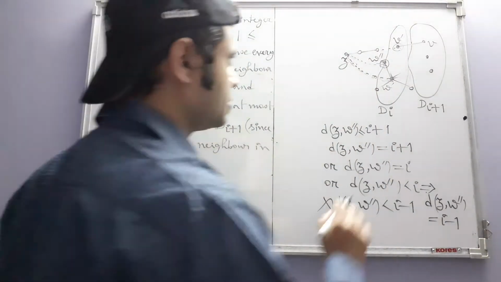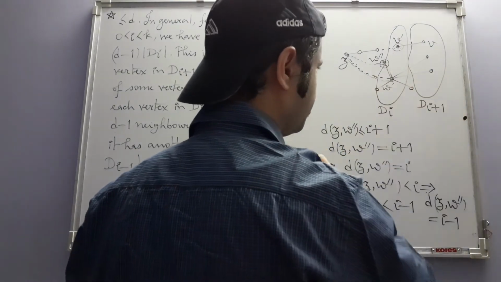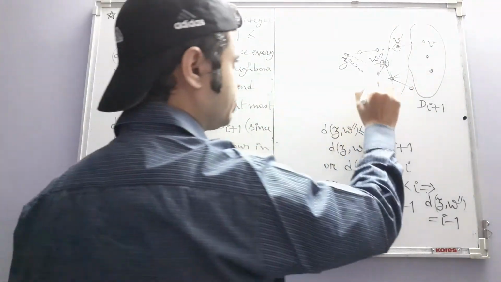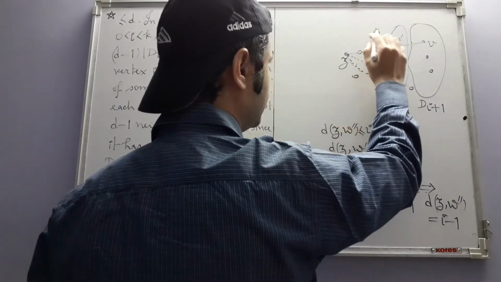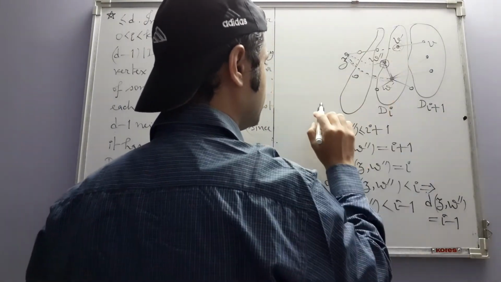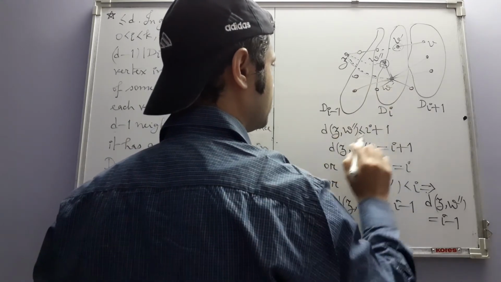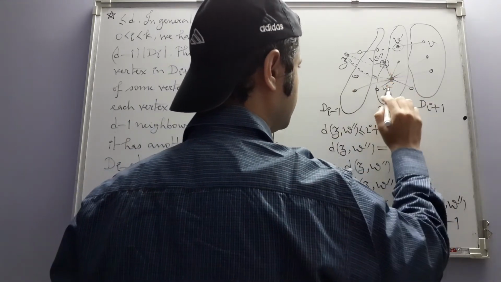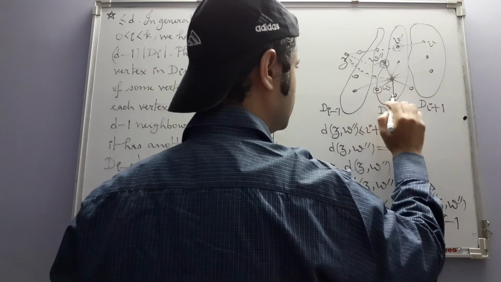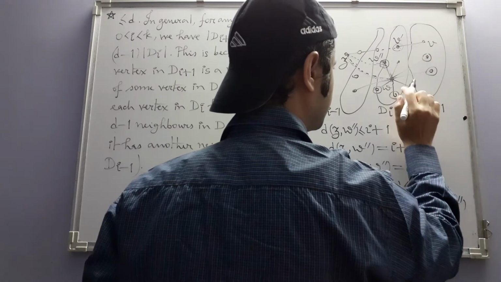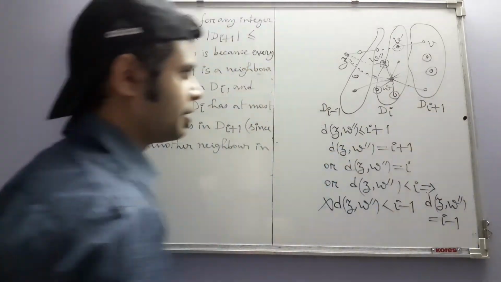So that means the neighbors of W prime are of three types. Some of them are here in di minus 1, some of them are here in di, and some of them are in di plus 1.